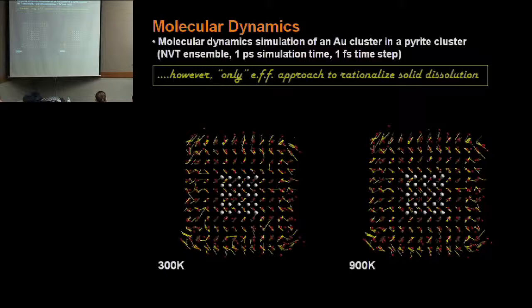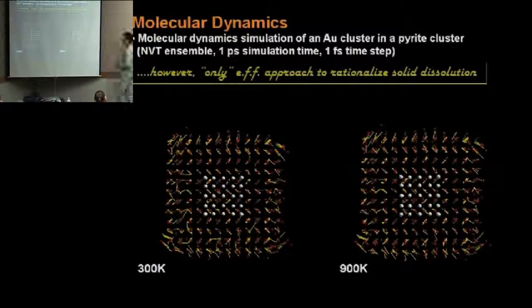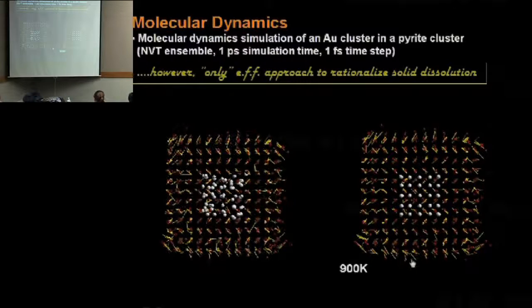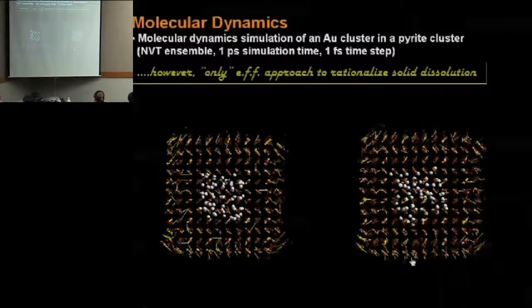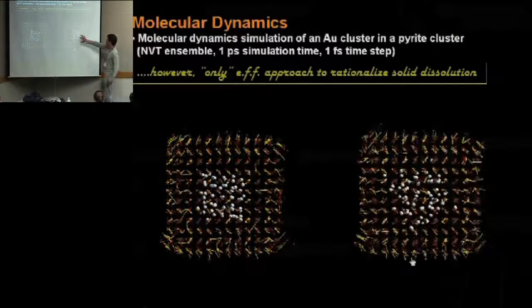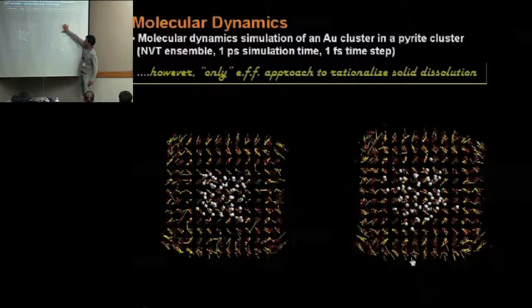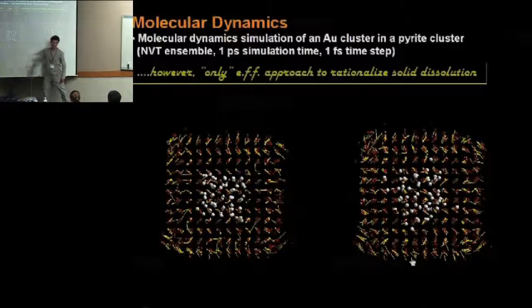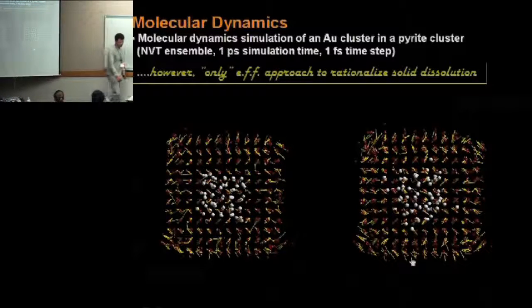Ideally, you would like to do this at a quantum mechanical level, because there are slight oxidation state changes here. So there's some electron transfer between the nanoparticle and the matrix. We've done this so far only at the empirical force field level. And what you see is that at a higher temperature, this particle diffuses into the matrix a lot more than at lower temperature.